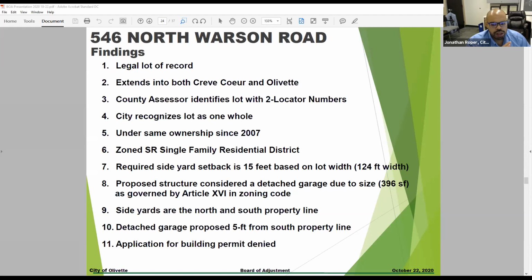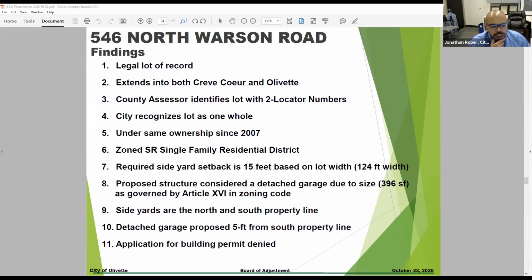On the west side of the road, some houses could possibly be in Creve Coeur, while their backyards are in Olivette. The St. Louis County Assessor's Office identifies both lots with two different locator numbers for their tax records, but the city recognizes the lot as a whole.